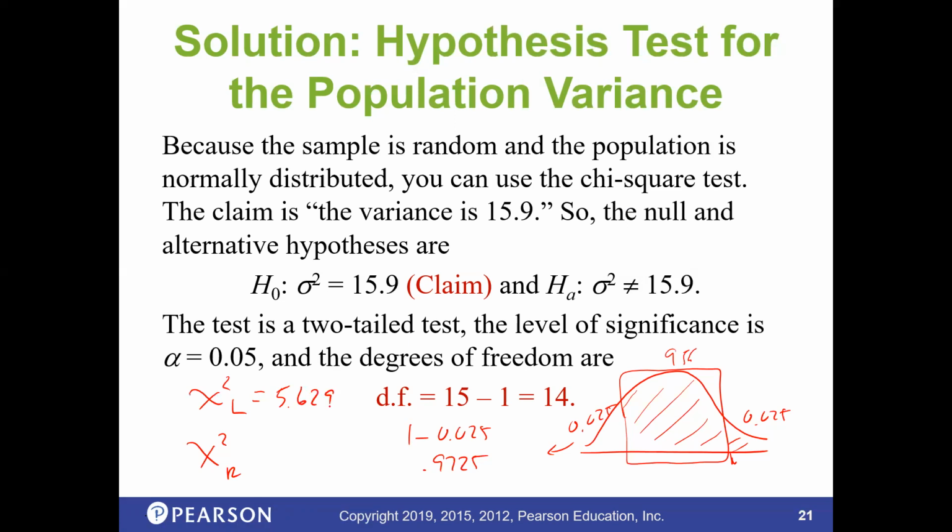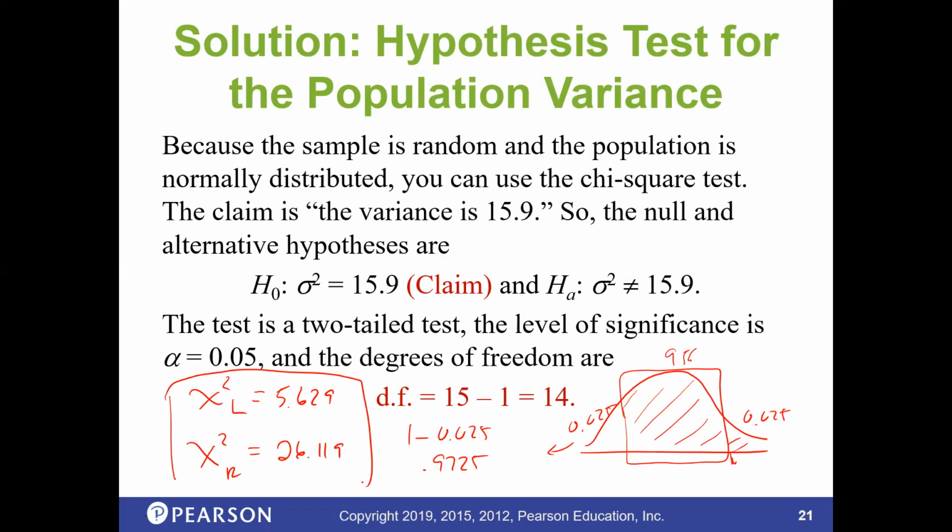Boom, okay. Chi-squared right. 26.119, perfecto. Okay, there's my limits. If I want to, I can start doing my graph if I like.